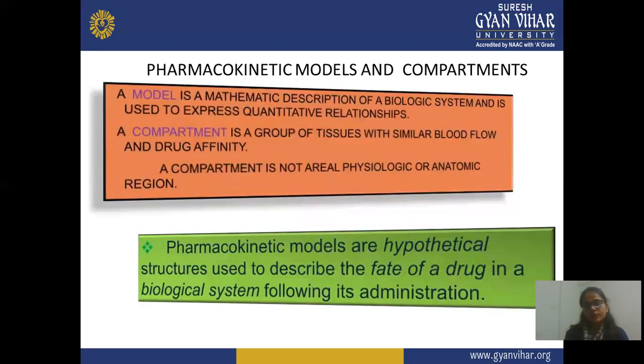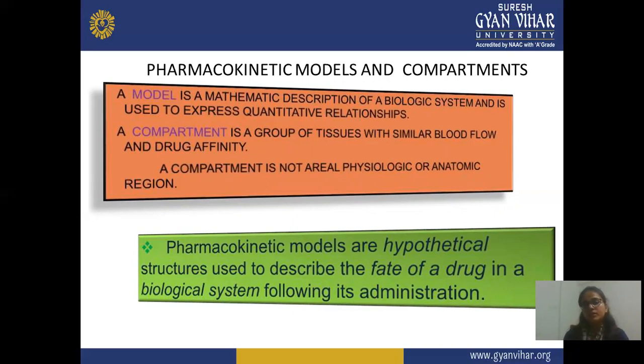Next, we come to the pharmacokinetic model, or compartment. A model is a mathematical description of a biological system, and it is used to express a quantitative relationship. It means that with a mathematical representation of a biological system, we express a quantitative relationship or some information regarding the particular drug, and that is known as the model.